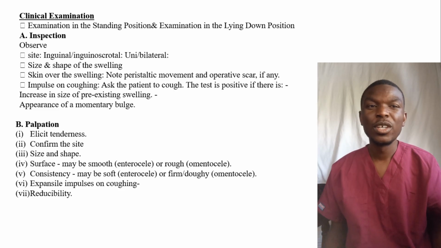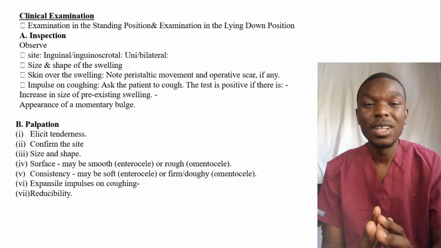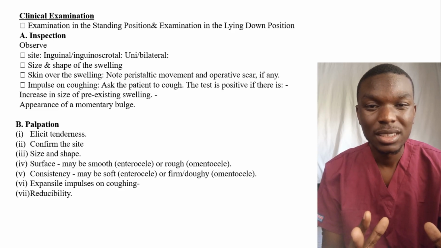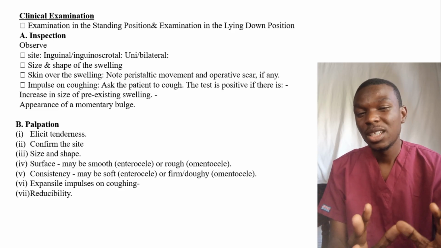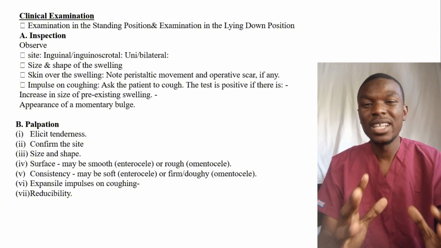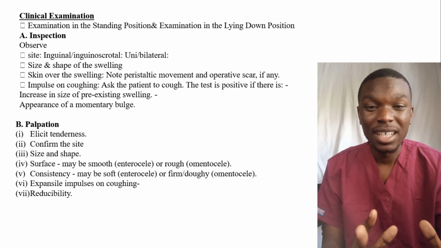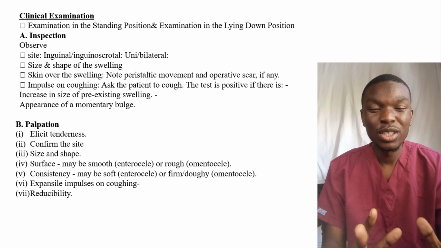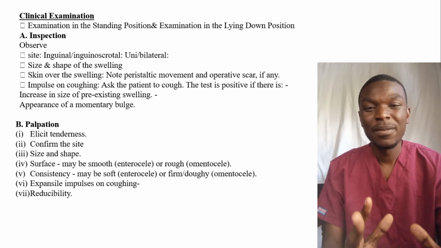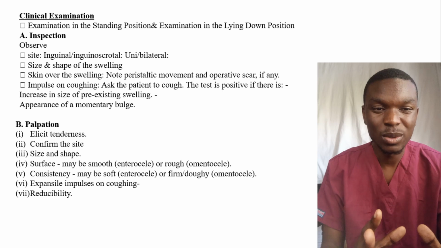Okay, so now we move on to examination. Since you have interviewed this patient on the ward or in clinic, you have an idea that this probably is a hernia. So now you need to confirm by physically seeing the swelling and examining the swelling.